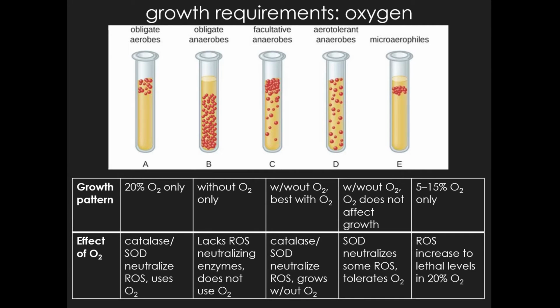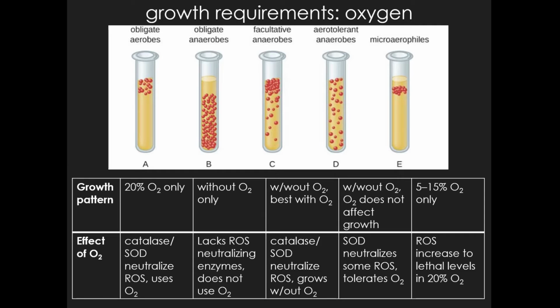However, they have to have special enzymes in order to protect themselves from the reactive oxygen species that are produced as a byproduct of aerobic metabolism. So they produce both catalase and superoxide dismutase to protect themselves from the reactive oxygen species that are being created as they undergo aerobic respiration.